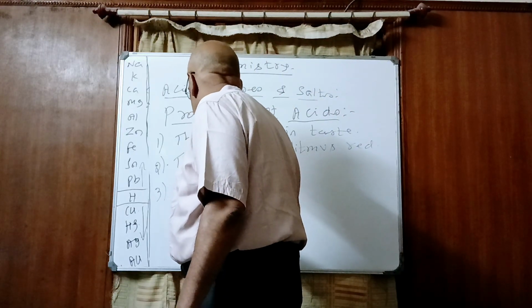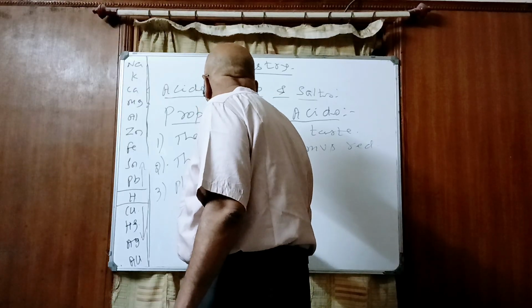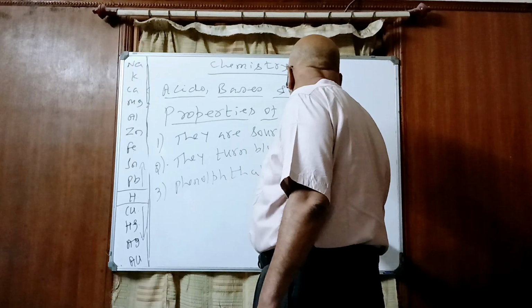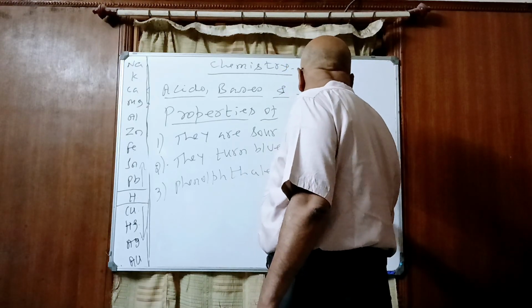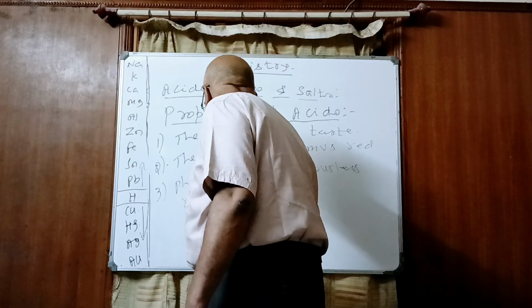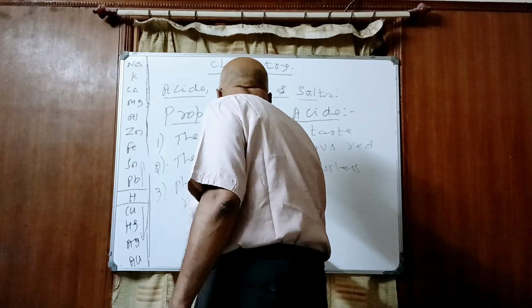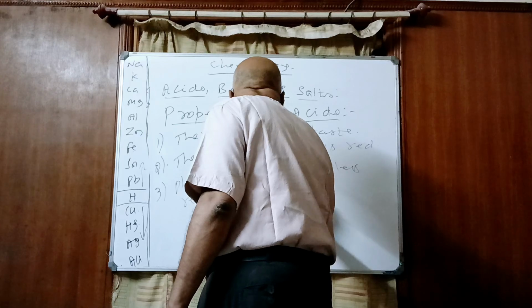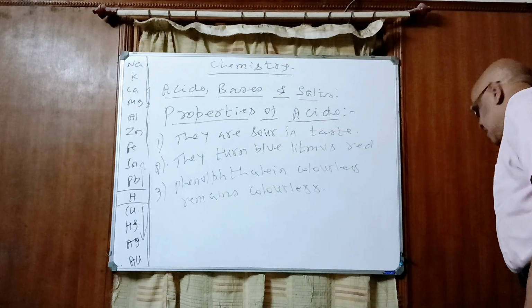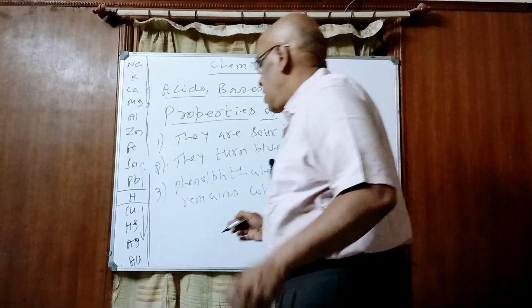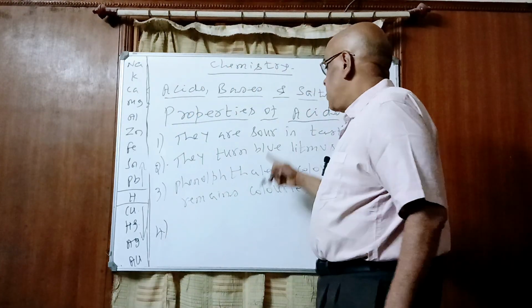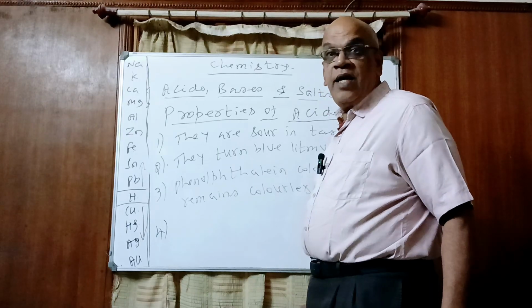Phenolphthalein remains colorless with acids. Fourth point, children. The third indicator, after litmus and phenolphthalein, is methyl orange.